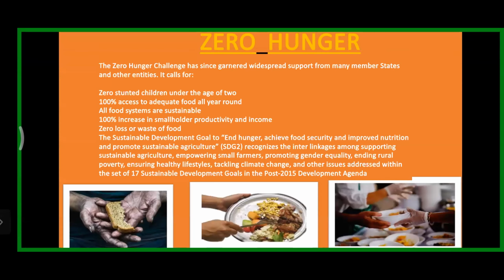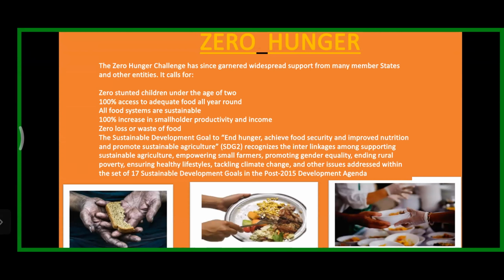In zero hunger, the challenge has generated widespread support from many member states and other countries. It calls for zero stunted children under the age of five and access for all to adequate food all year around. All food systems are sustainable.